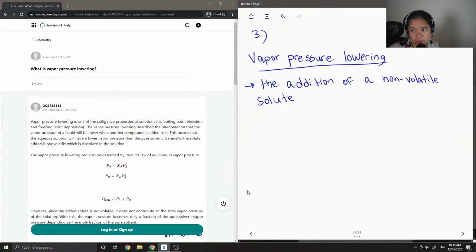By non-volatile, they mean a substance that is hard to turn into a gas. So a non-volatile solute results in lowering the vapor pressure of the solvent.